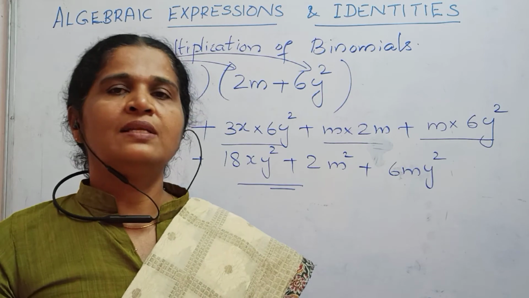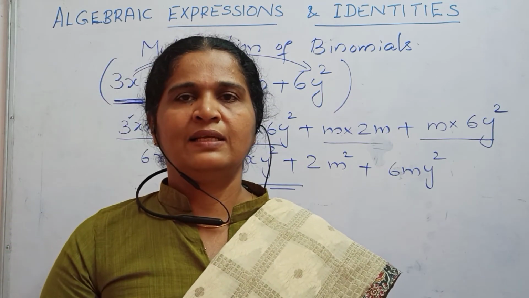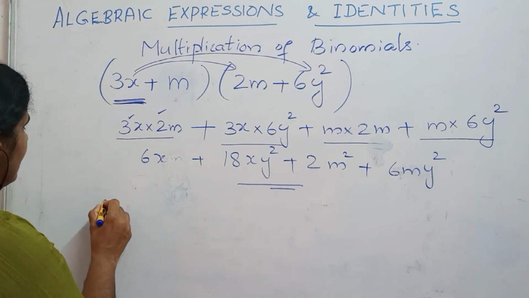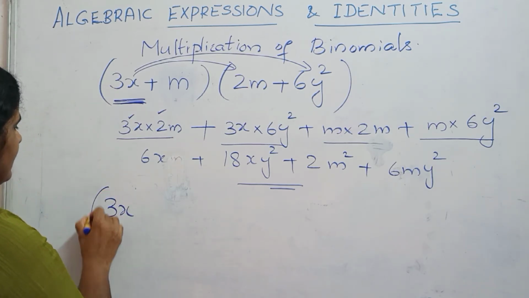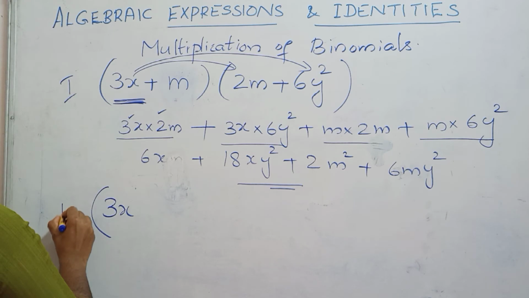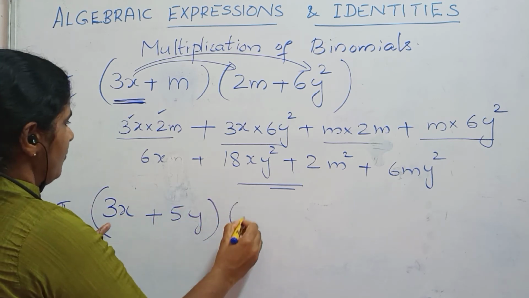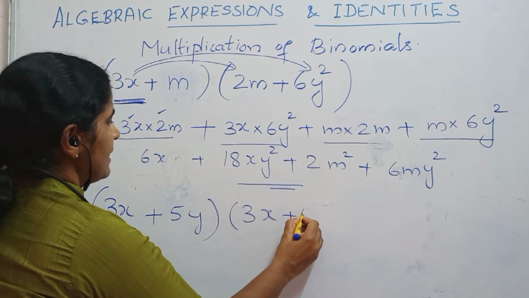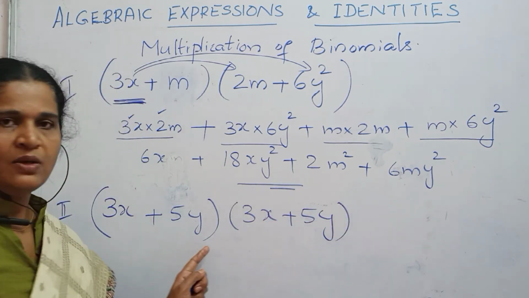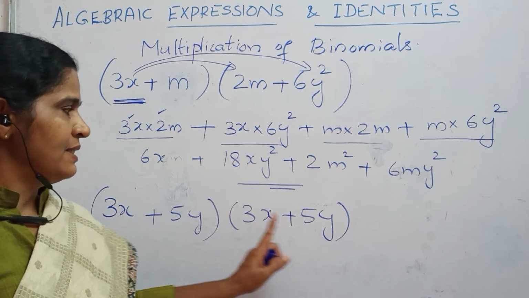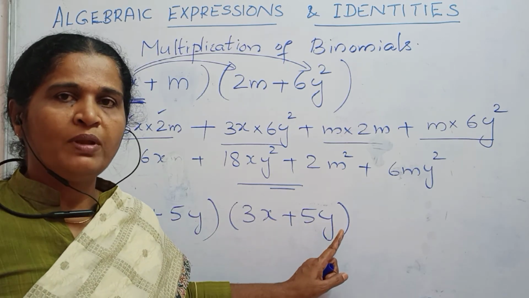Then we start using identities when we get a question like this: 3x is there inside the bracket and the second term is some 5y, and the same terms are repeatedly coming in the other one, 3x is in the second one, 5y is the second term in the second binomial also.